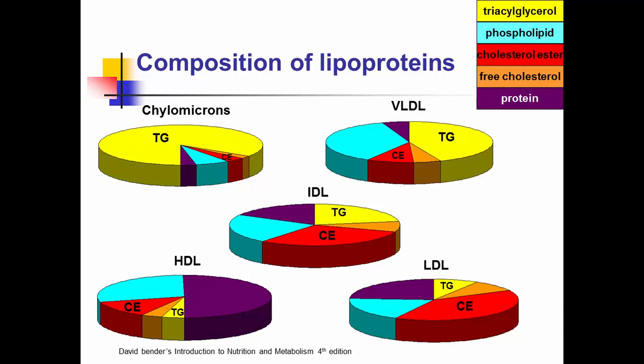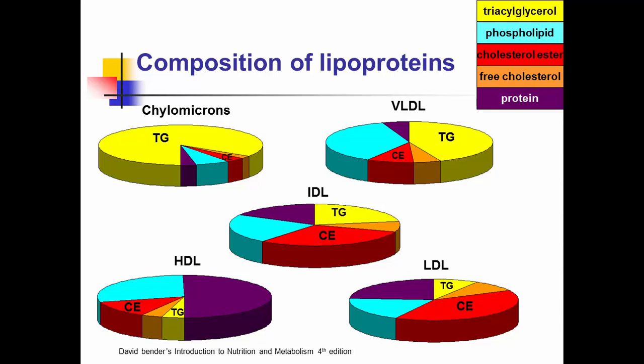Again, chylomicron and VLDL are the triglyceride-rich lipoproteins, right? And these two lipoproteins basically regulate triglyceride metabolism.